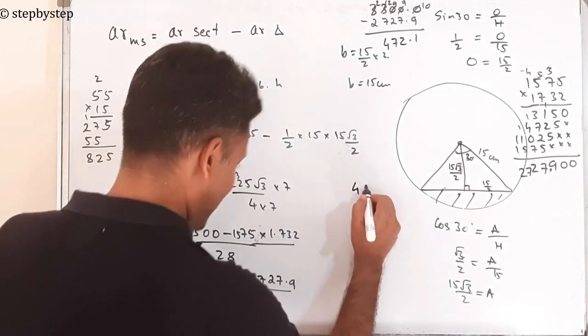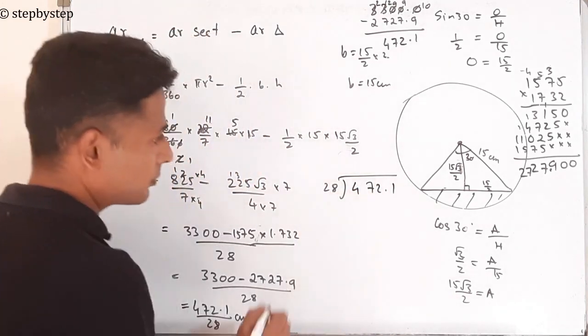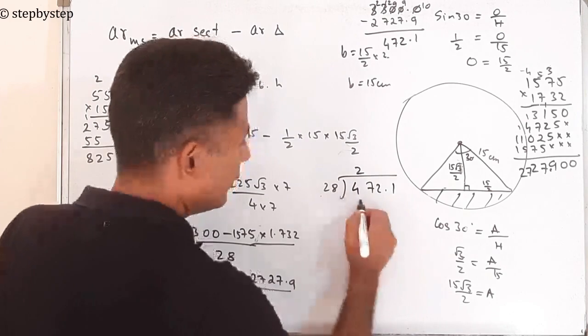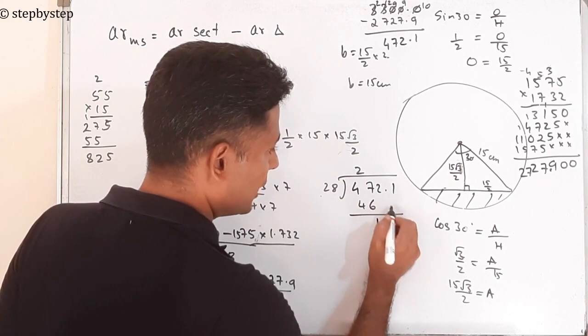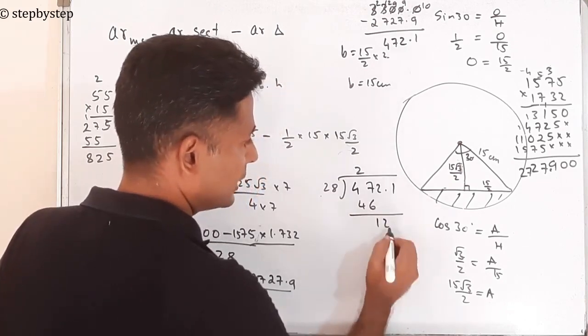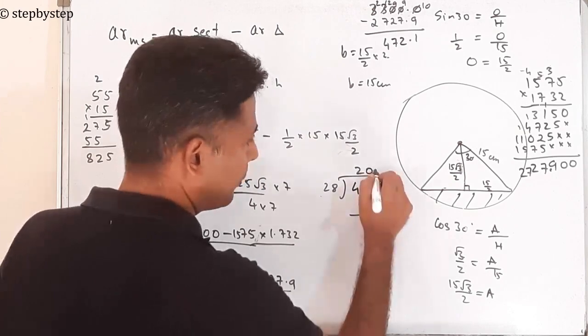So now we have to divide 472.1 by 28. 28 twos are 56, we get 46. So 1, 2 comes down. Since it is still smaller than 28, I put 0 and I put a decimal point.